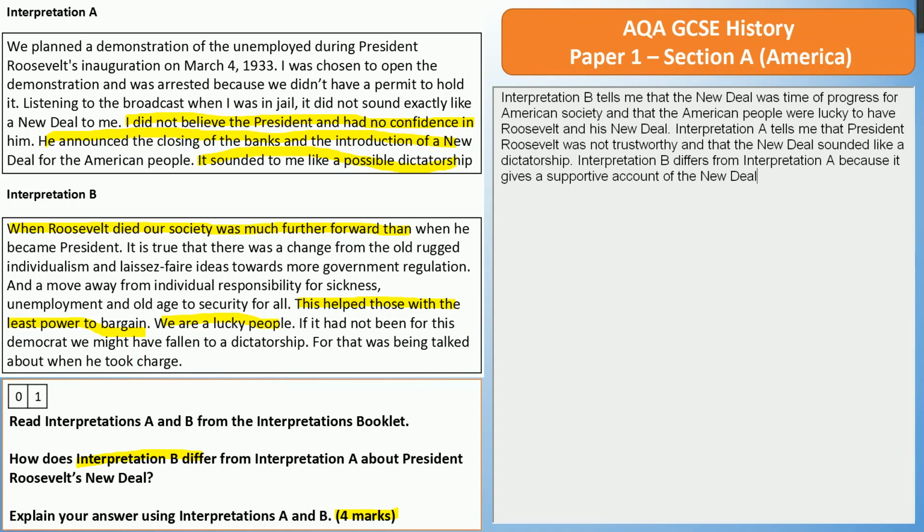And I'm going to use this quote here, it helped those with the least power to bargain. So I'm going to say it states that the New Deal policies, quote, helped those with the least power to bargain.